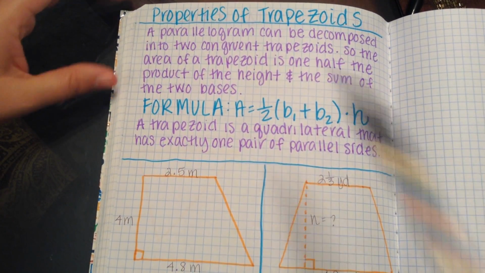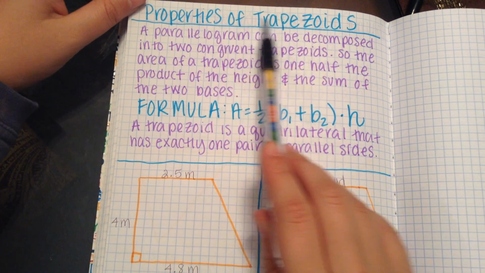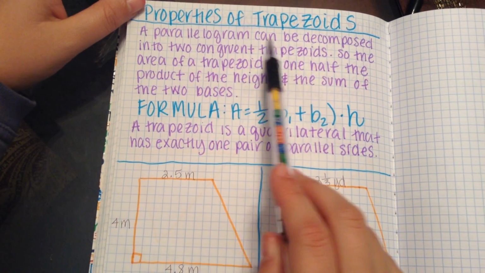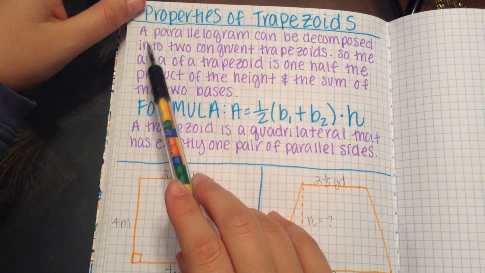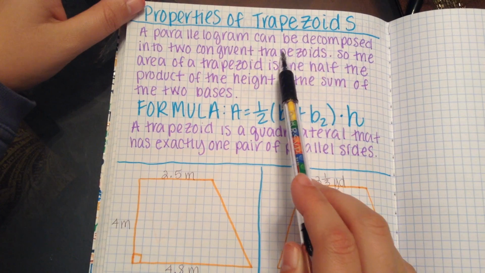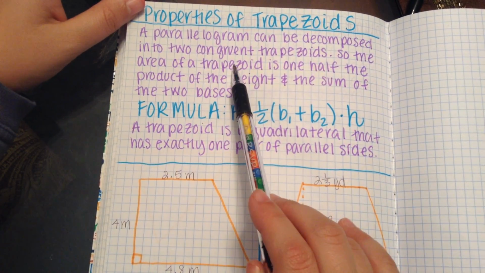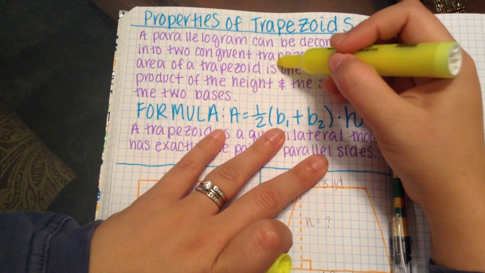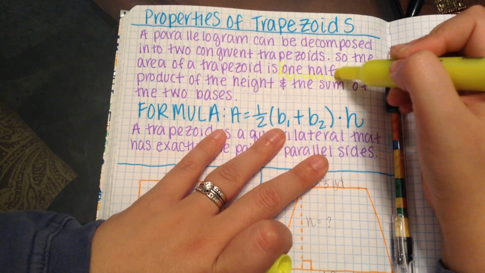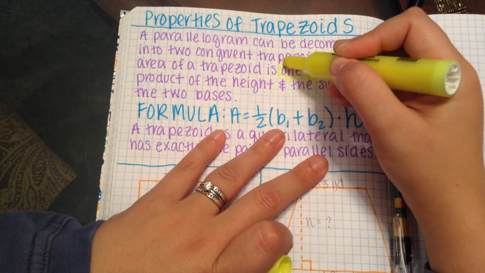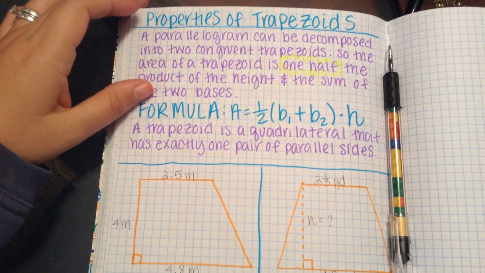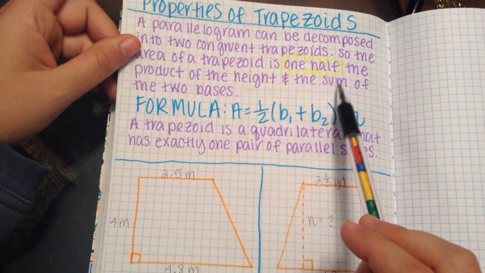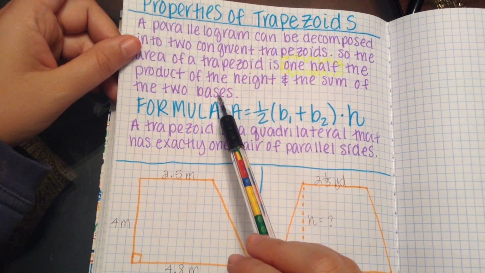And again, we're going to fill out the top properties of trapezoids, and you're going to write down the definition. A parallelogram can be decomposed into two congruent trapezoids. So the area of a trapezoid is, again, this is important, 1/2 the product of the height and the sum of the two bases, okay?